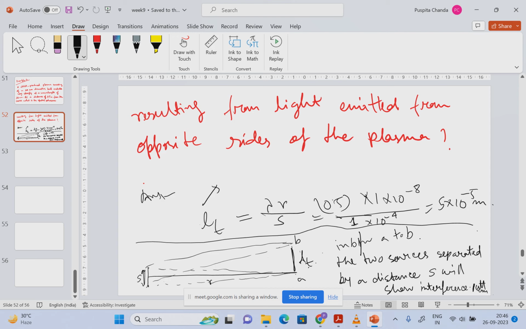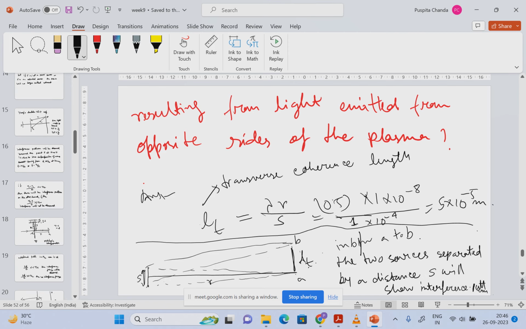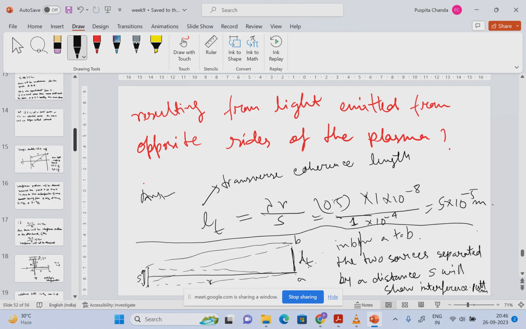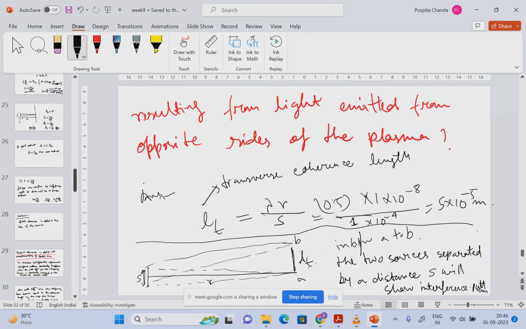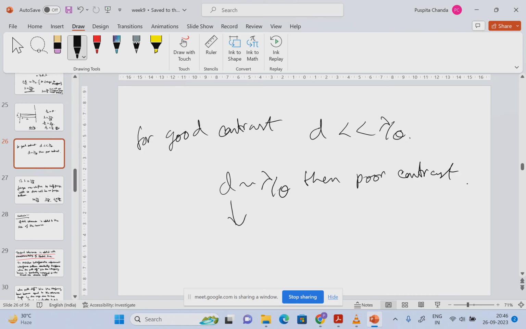This LP is called the transverse coherence length.